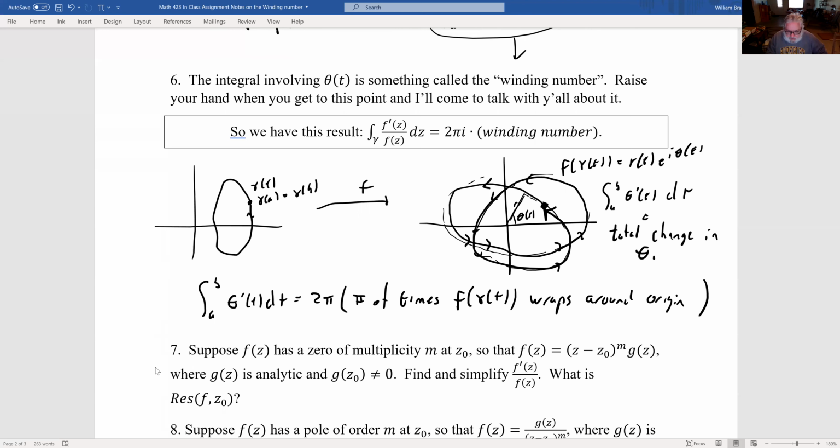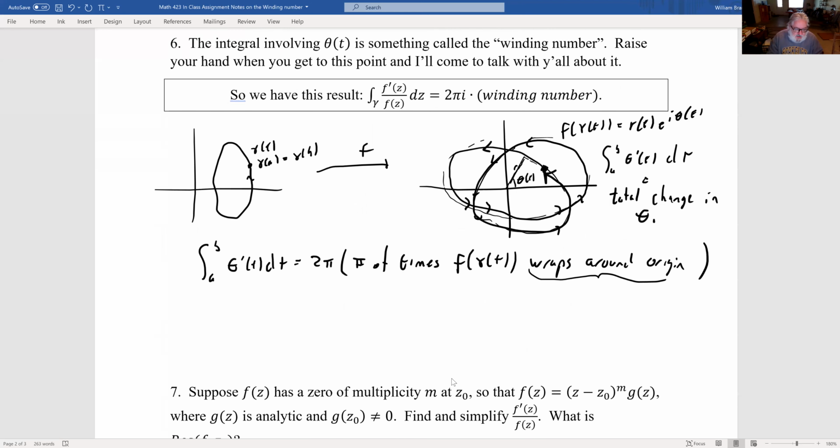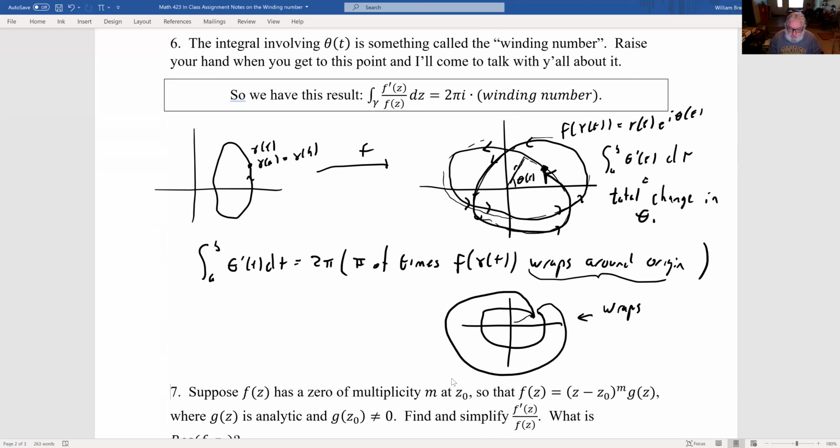But we do have to be a little careful, because it measures the total change. If I have a path that goes around the origin once, so there's a change of 2 pi, and then it decides to go back, say my path is this.